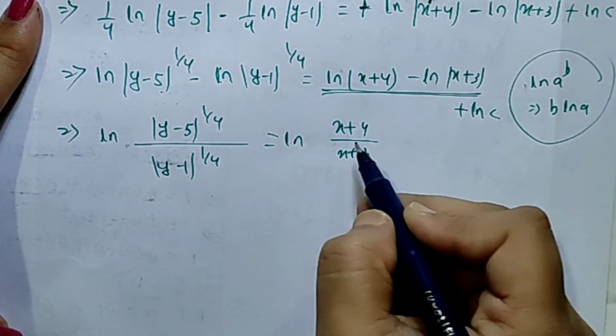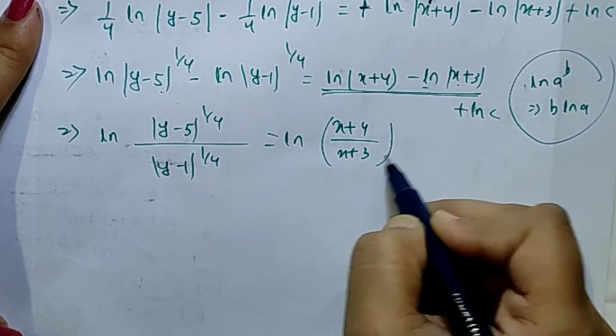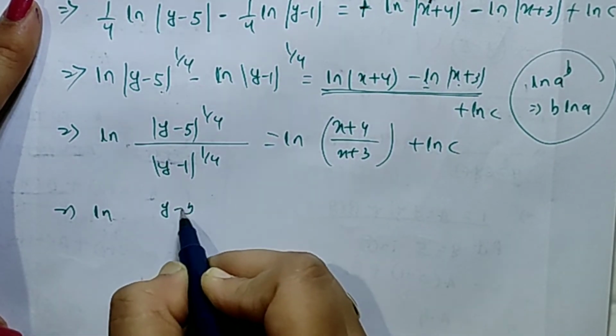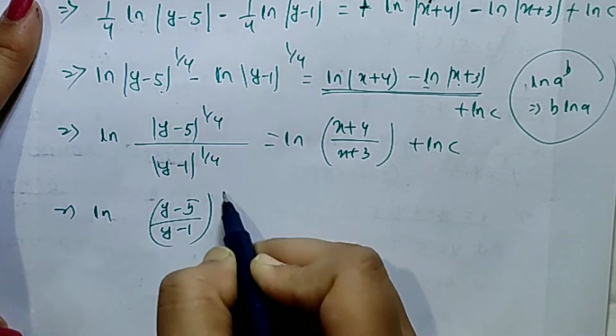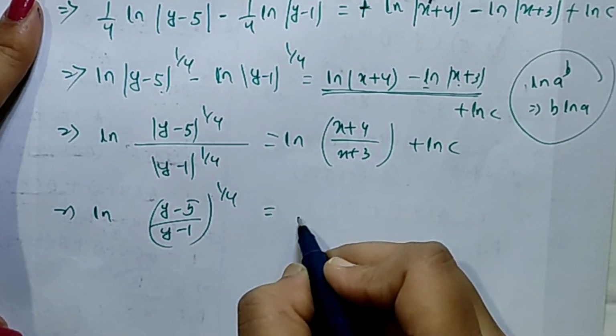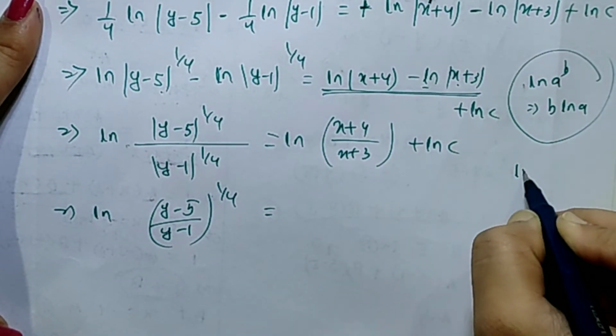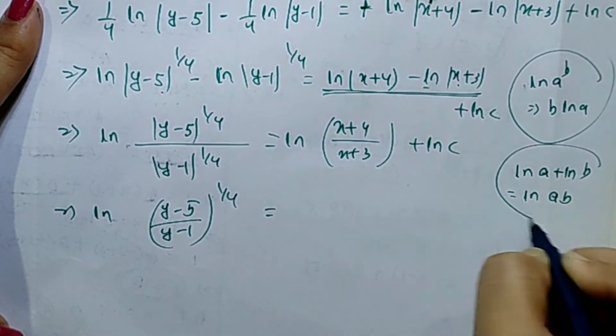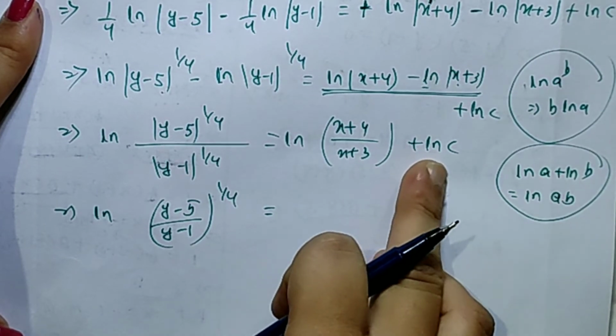This is also ln a minus ln b, so ln a by b plus ln c, implies ln of (y−5) by (y−1) power 1 by 4 is equal to, this is also ln a plus ln b is equal to ln ab. So ln a plus ln b is ln ab.